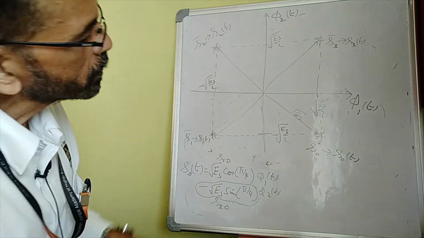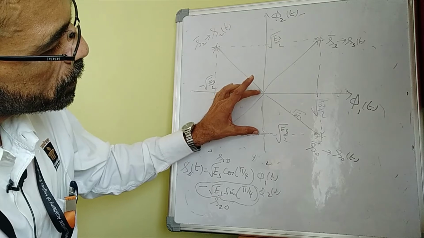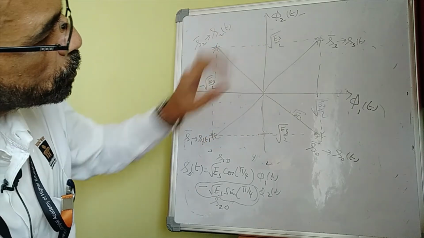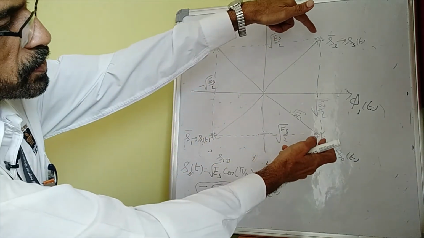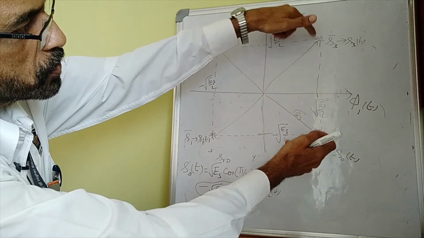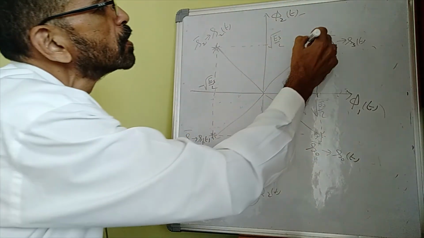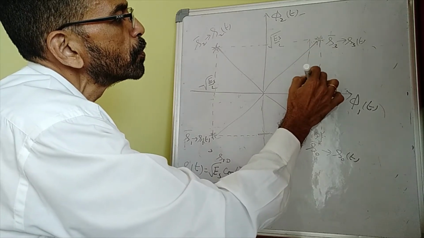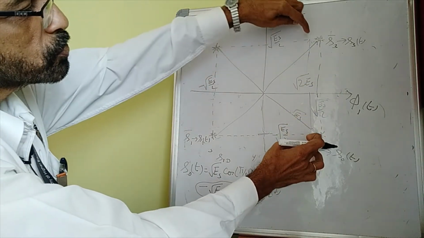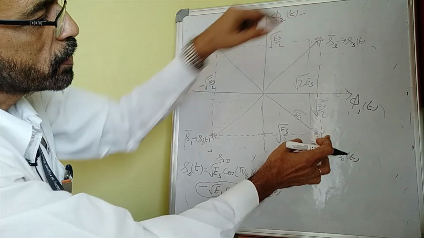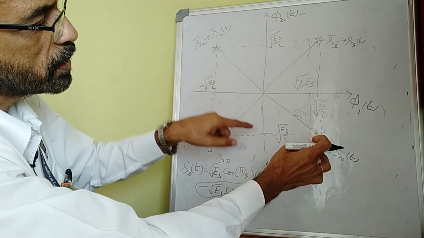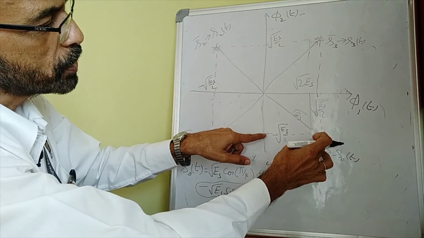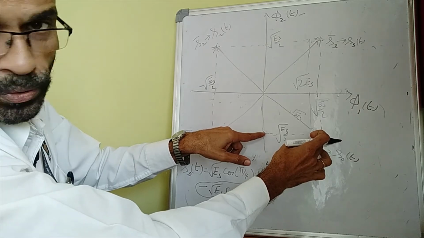And this distance will be root of 2Es, this will be root Es, and this will be root of Es by 2.